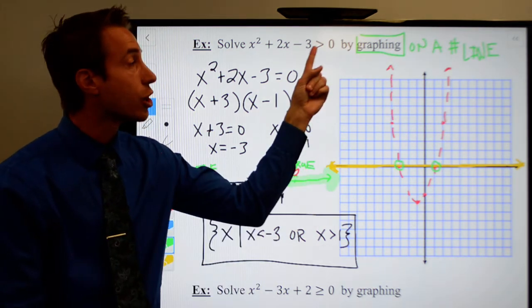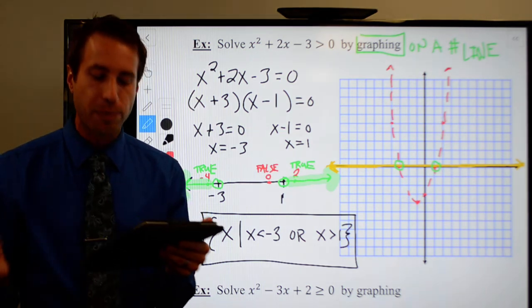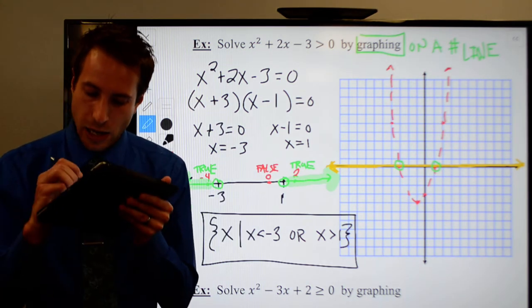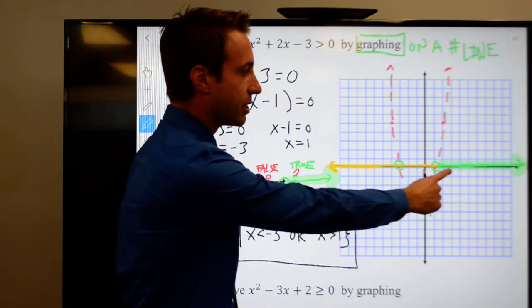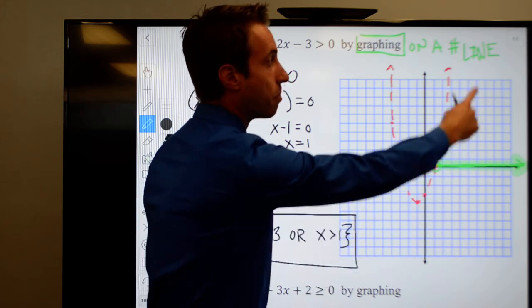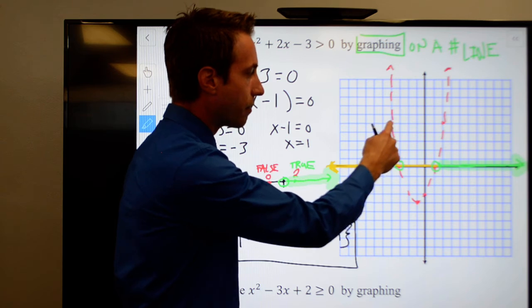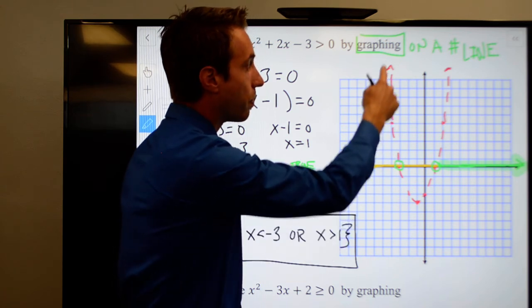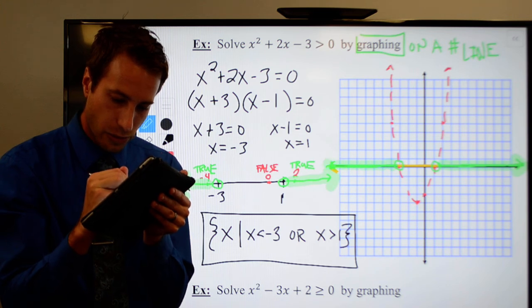Open circle because it's strictly greater than. And then everywhere where the parabola is above the x-axis, well, that's everybody headed in this direction. If I choose this value of x, I would trace to above the x-axis to get to my parabola. So everybody going in this direction.